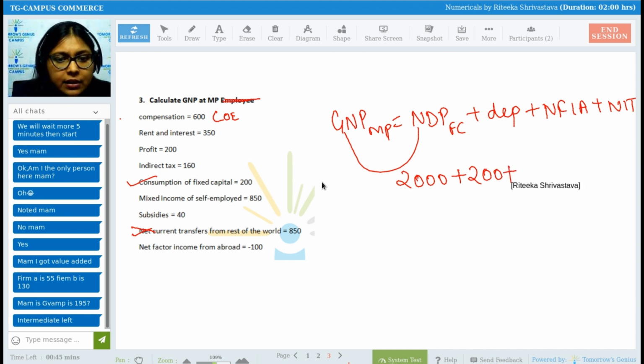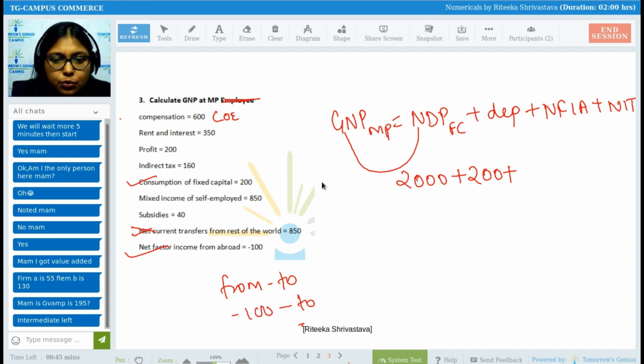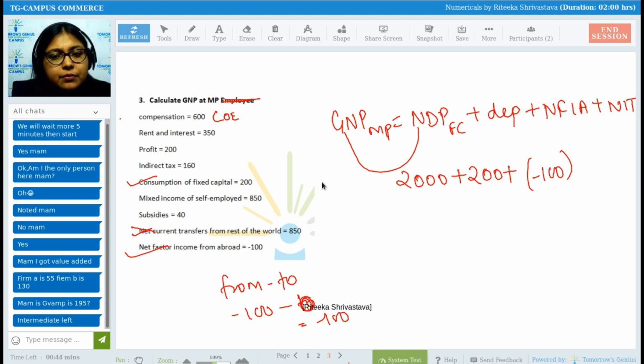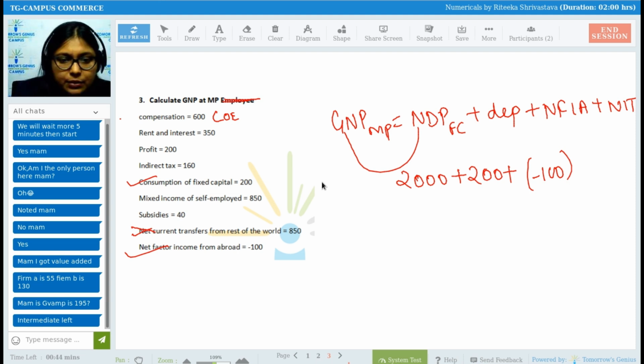Plus NFIA is given, only from abroad is given. The formula is from abroad minus to abroad. So here NFIA, net factor income from abroad, is directly given to you.